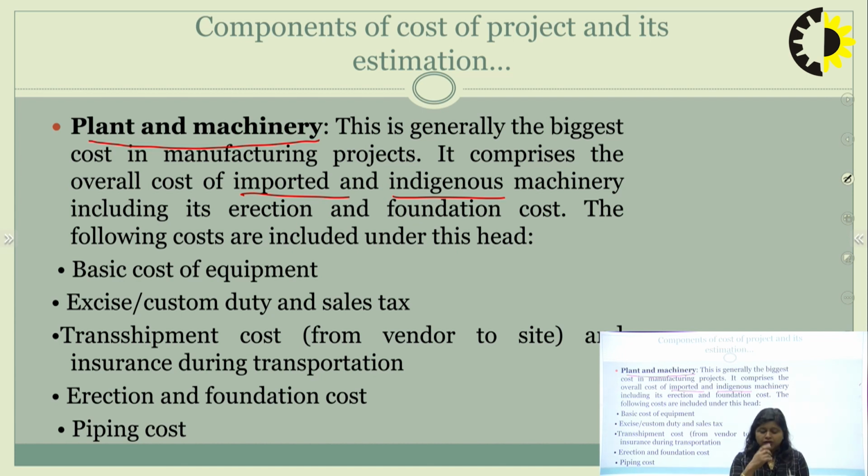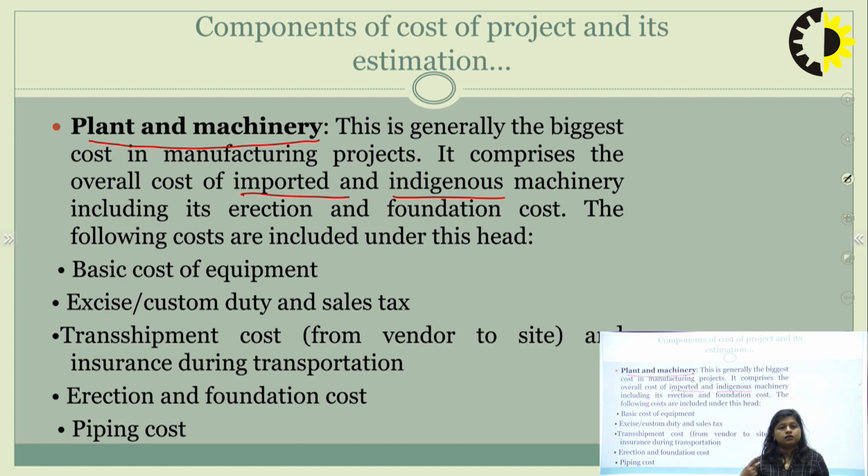The machines which are locally made in your country all come under the category of indigenous machinery. So here the purchasing of machinery involves both types of machinery. It's not that we calculate only the cost of machinery purchased from our own country.